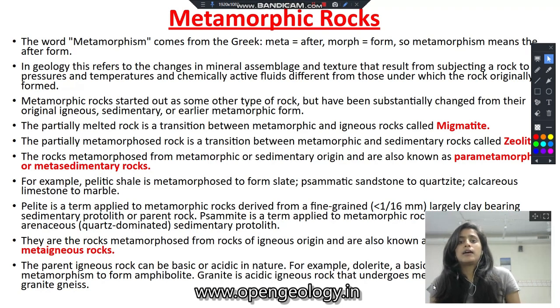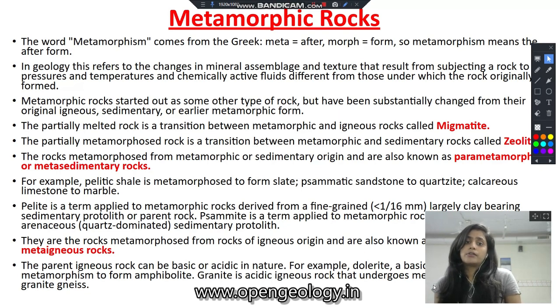In geology, it refers to changing mineral assemblage and texture, because recrystallization is involved in the whole process with the help of pressure, temperature, and chemically active fluid situated in the porosity and pores of the rock.